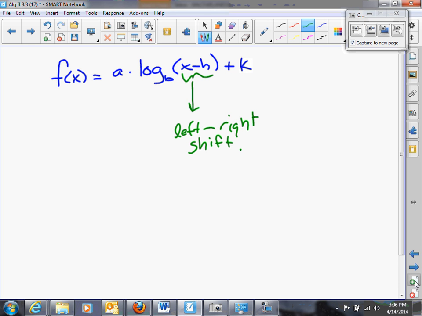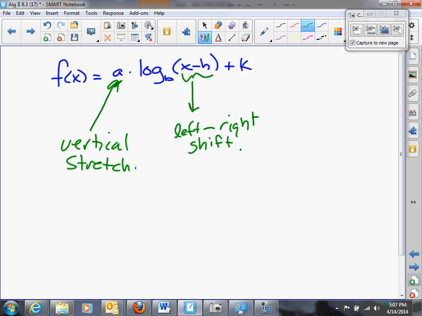Now, the a is the vertical stretch. If the function would ordinarily say that when you put something in for x the point you get out is, say, q, then the actual point would be a times q.